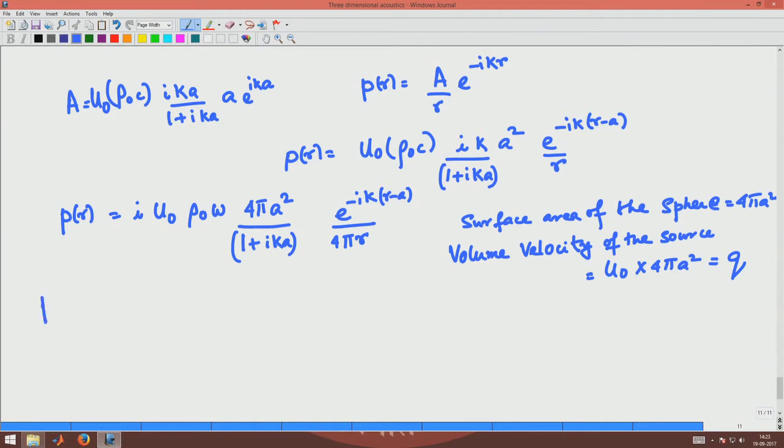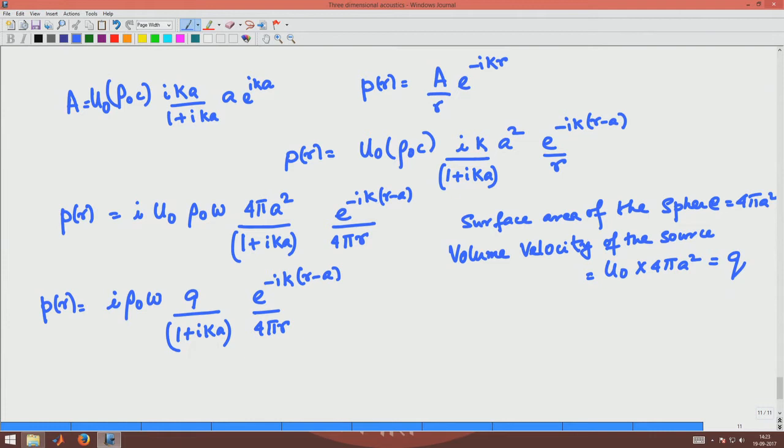So, therefore, pressure at any radius can now be written in an even more compact form as i rho 0 omega into q, which stands for u 0 times 4 pi a square, divided by 1 plus i k a into e to the power minus i k r minus a divided by 4 pi r. Okay. So, this is what we have for the acoustic pressure that is radiated due to a pulsating sphere of radius a.